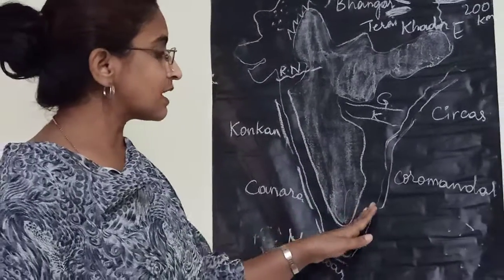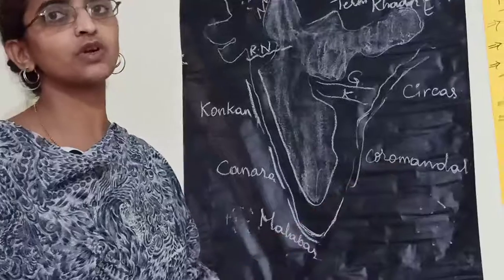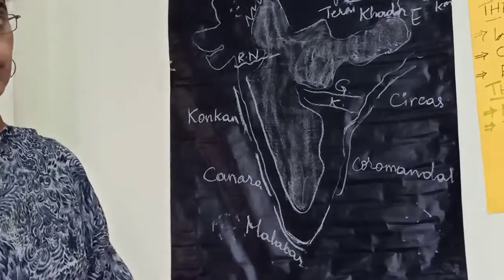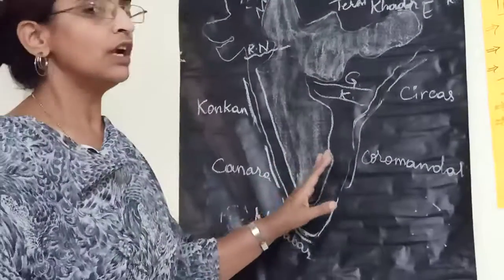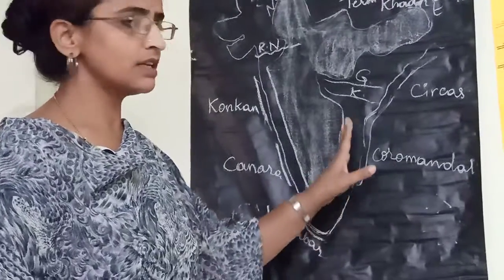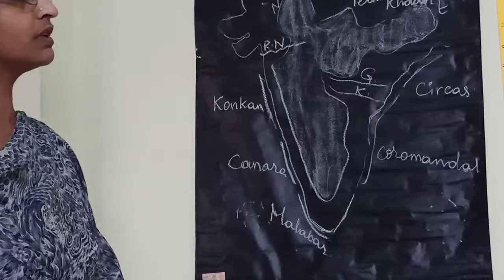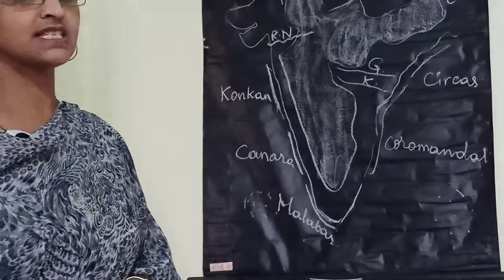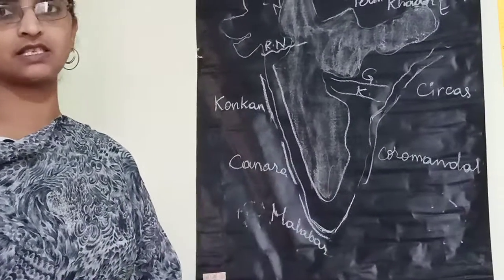Especially the eastern coastal plain is very famous for its high cultivation possibilities, because we can see a large number of deltaic regions towards the eastern coastal plain. And you know, in the eastern coastal plain we can see lakes formed.